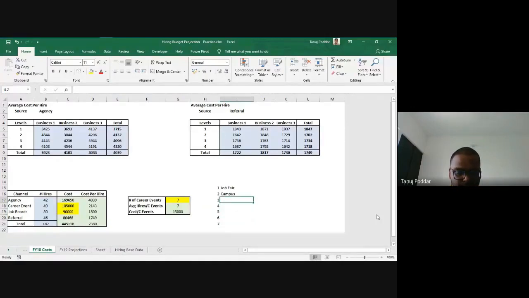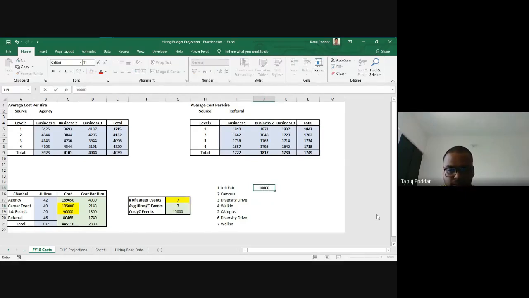There was one job fair, one diversity drive, one walk-in, again a campus. And I spent some amount at some places, right? 1,000.